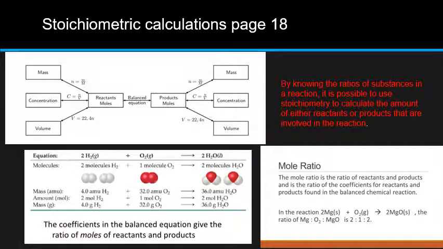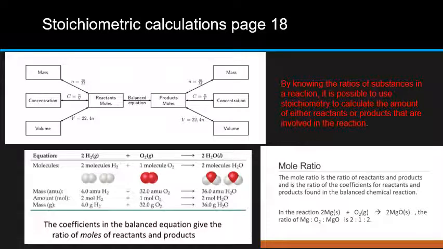Right. When you know the ratio of substances in a reaction, it is possible to use the stoichiometry to calculate the amount of either reactants or products that are involved in a reaction. And that has got to do with mole ratio. We use the mole ratio to work out how much reactant I need or how much product I need.